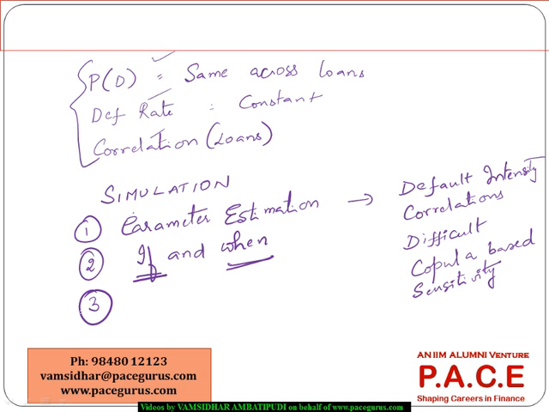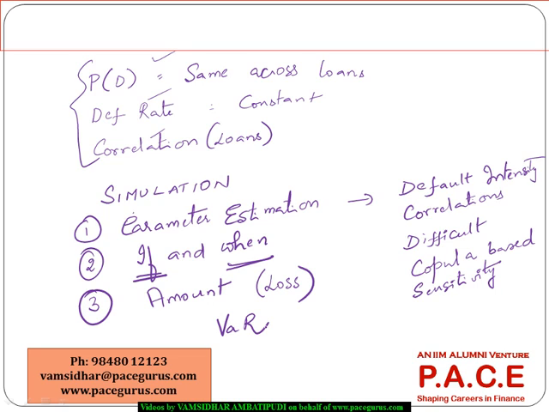So the simulation should help us in arriving at those kinds of values, and in case it is defaulting, what is the amount of the losses, what is the distribution of these losses, what is the probability that the loss crosses something, in what time what loss is going to occur. So a kind of a loss distribution will come up, from where appropriate analysis will try to bring out the value at risk associated with each kind of tranche in the securitization process.